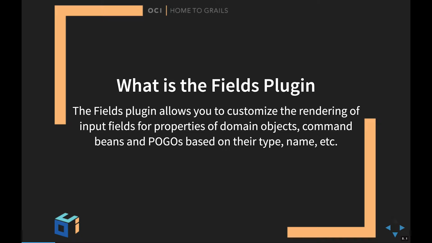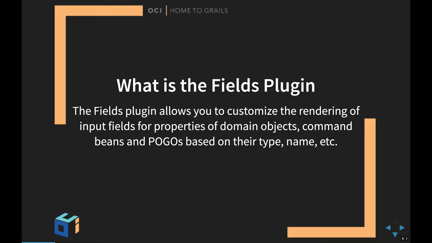So the idea is that you customize the rendering of input fields and display in a central folder, and then when you change something in these little snippet templates, everything changes across your entire application. It does that on the basis of the bean name and the property name and the type and stuff like that.